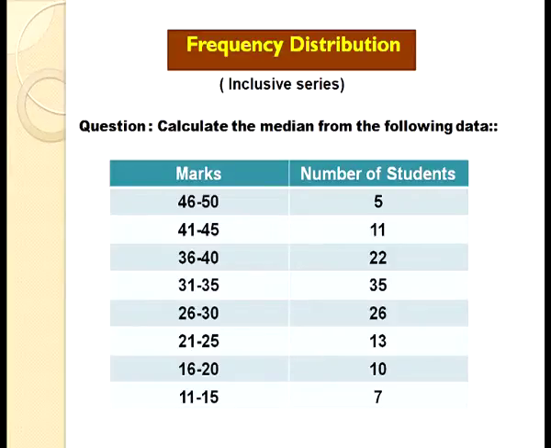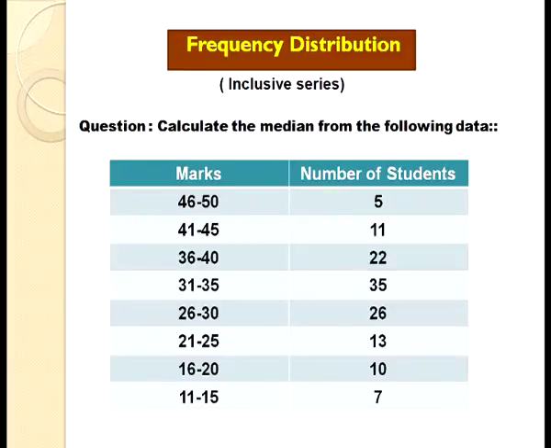In this particular case, I have taken a question of inclusive series. The marks have been given as 46 to 50, 41 to 45, 36 to 40, 31 to 35, 26 to 30, 21 to 25, 16 to 20 and 11 to 15. So here the marks make an inclusive series.